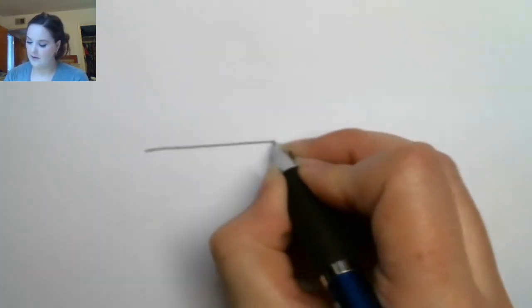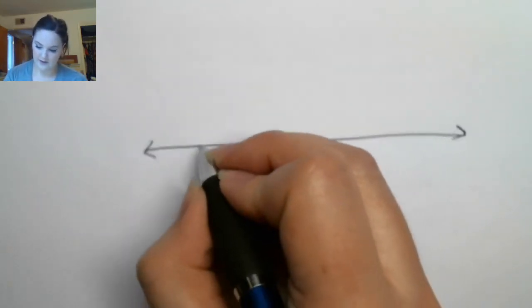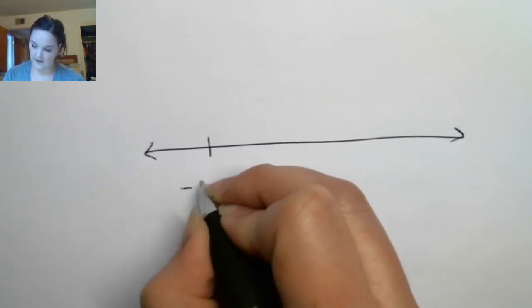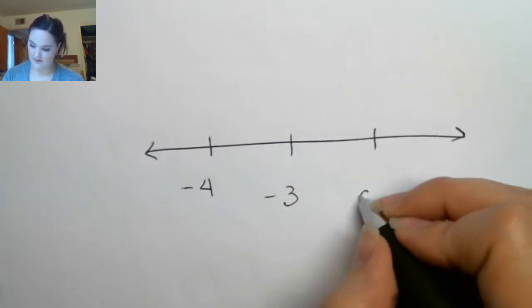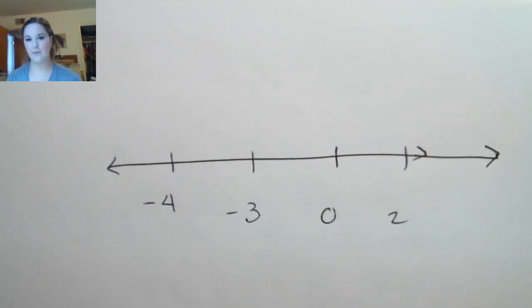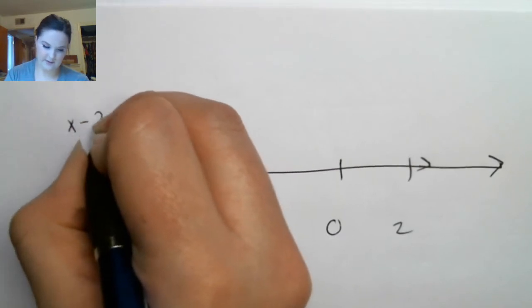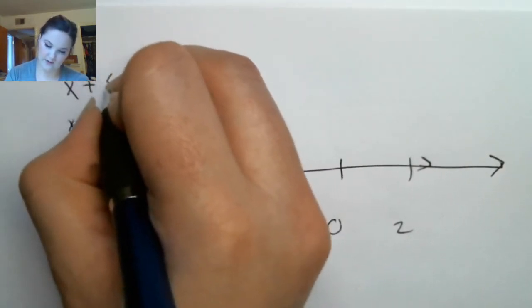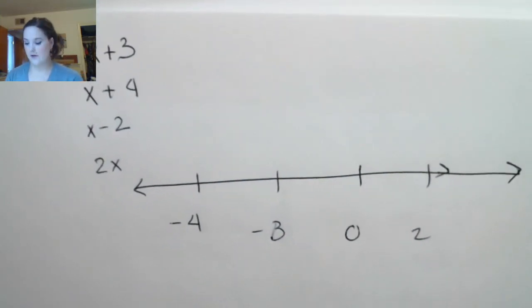All right, let's make our sign chart. For here, it is definitely easier to use the factored form. So my roots were -4, -3, 0, and 2. I'm going to extend this a little bit, and my factors were 2x, x minus 2, x plus 4, and x plus 3.